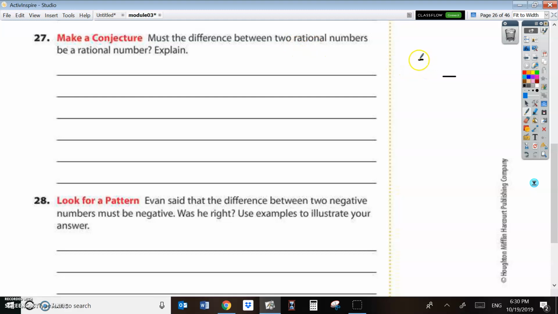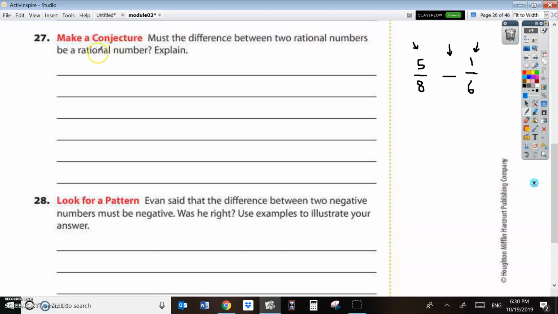So 5 over 8, there's a rational number, and here's a rational number. Okay, so we have the difference for subtraction. We have two rational numbers here because we have two fractions.